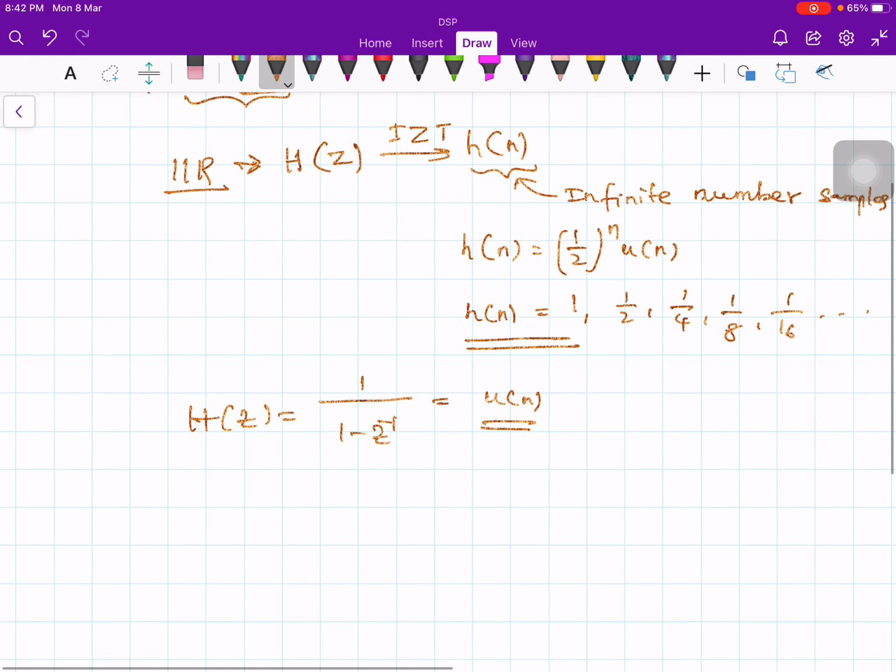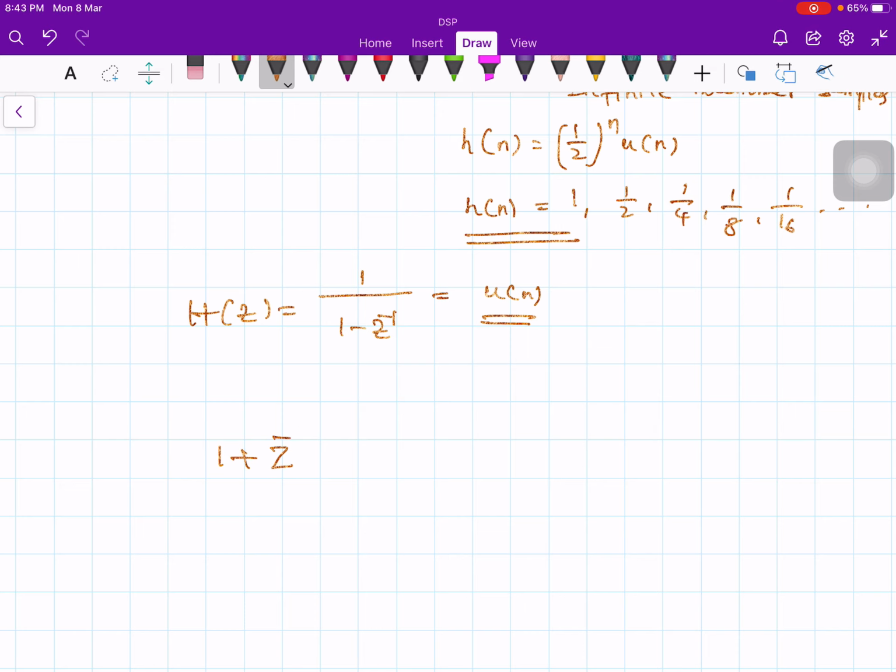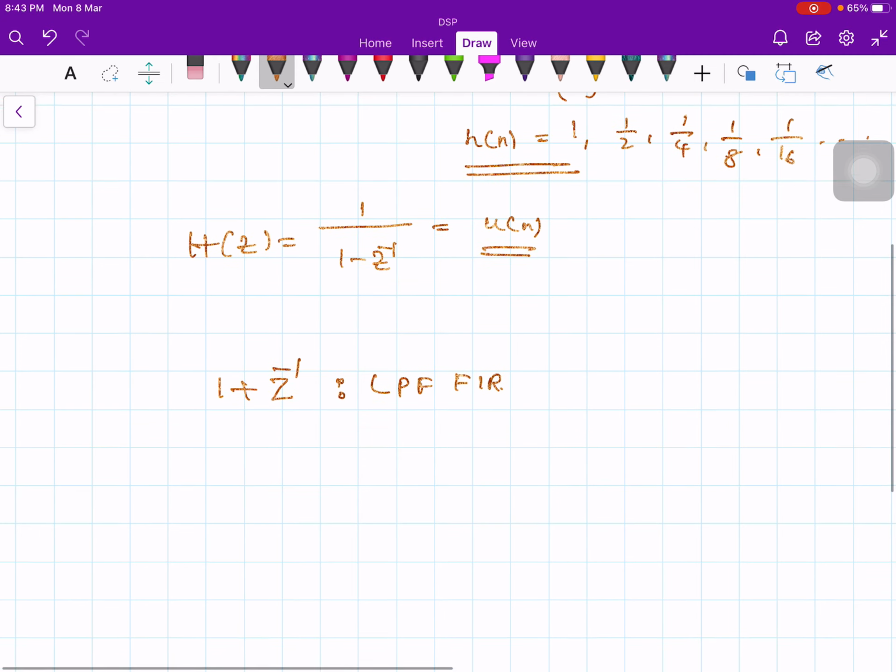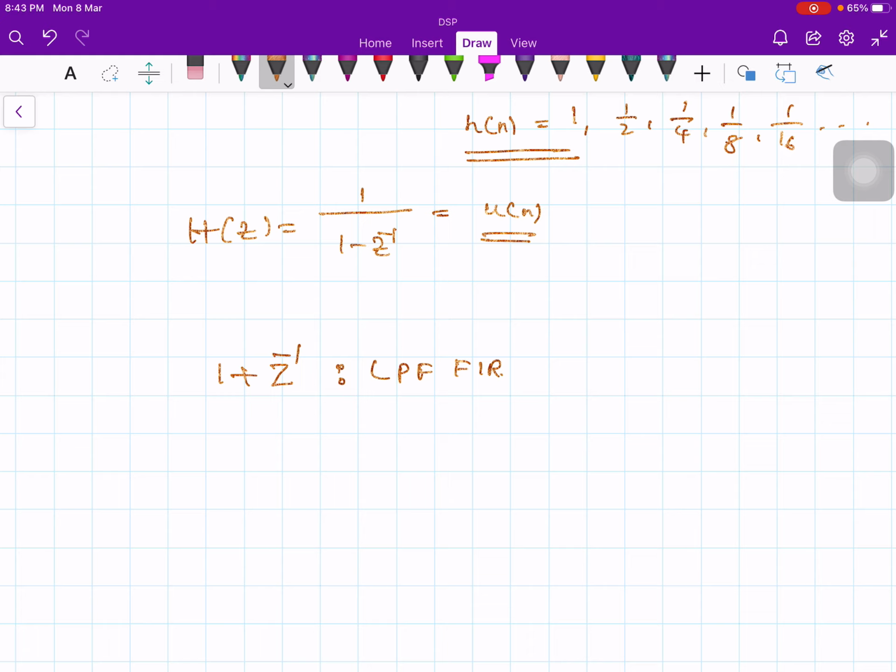Now let us see how one can derive these infinite impulse response filters from the finite impulse response filter. As I said, 1 plus z inverse is the low pass FIR filter. Now we want an IIR filter, therefore you must add a pole.